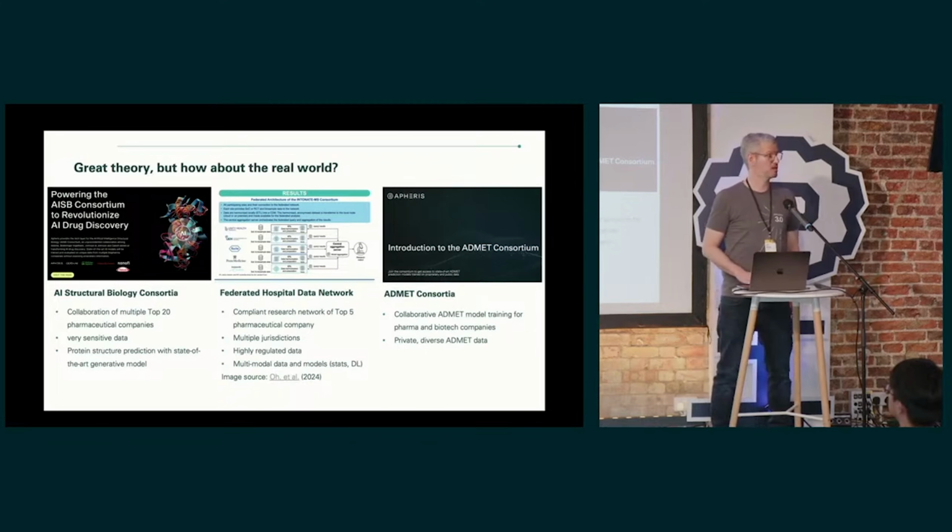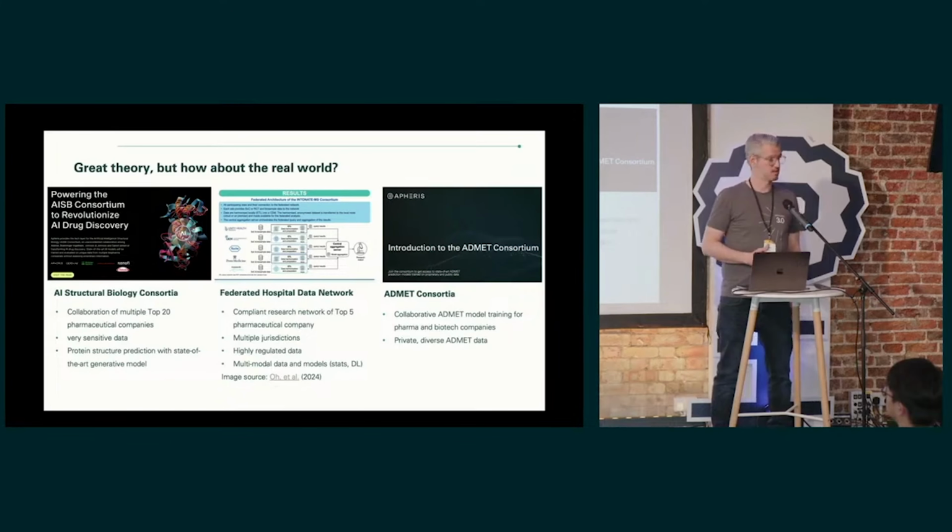And fresh out of the press, we have the ADMET Consortia, which we launched last year, which is also a collaborative effort to train models for ADMET prediction. So if you're not familiar with life sciences and drug discovery, ADMET predictions are basically predicting the properties of a compound in the human body.